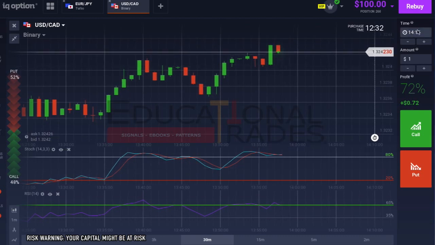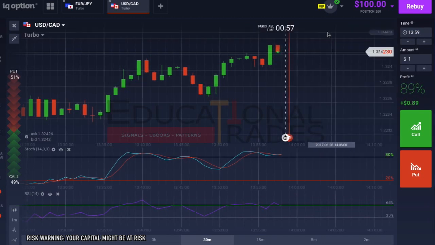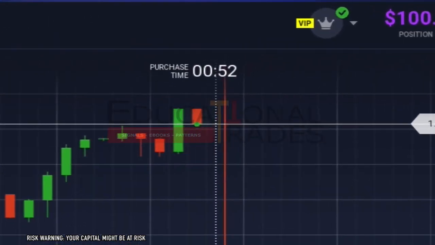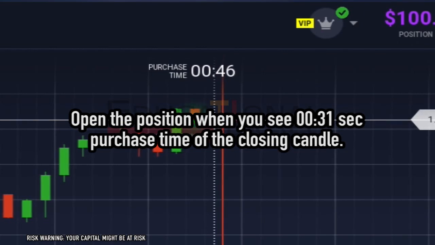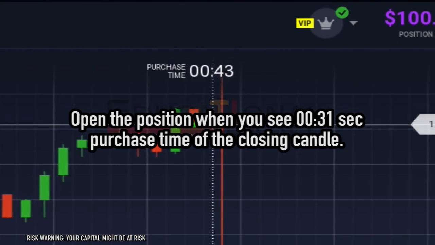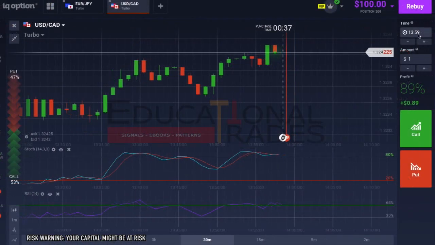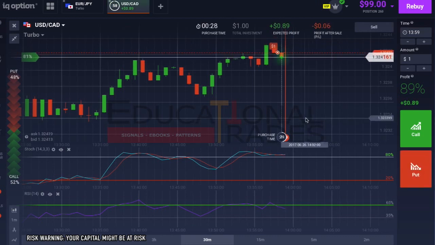To take the right entry point, I suggest to open the position while the closing candle is at 31 seconds of its expiry time. Well, I invest in put. Because as you remember, this asset was on strong sell trend.